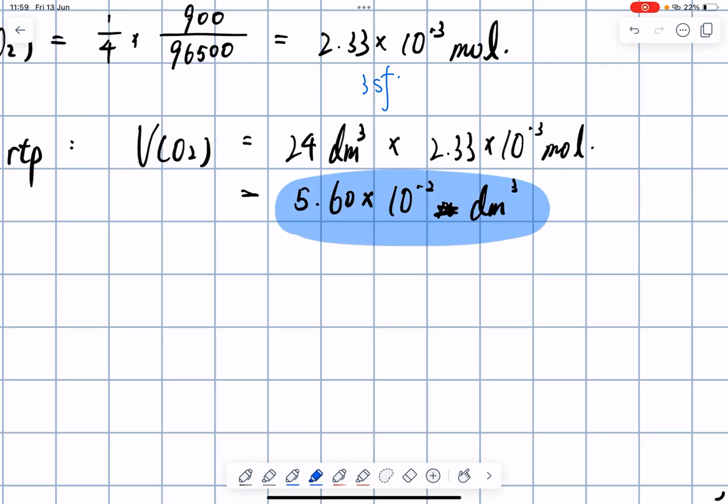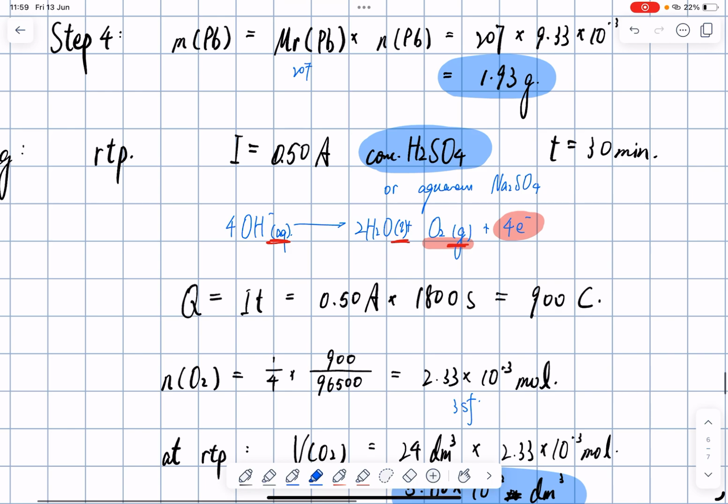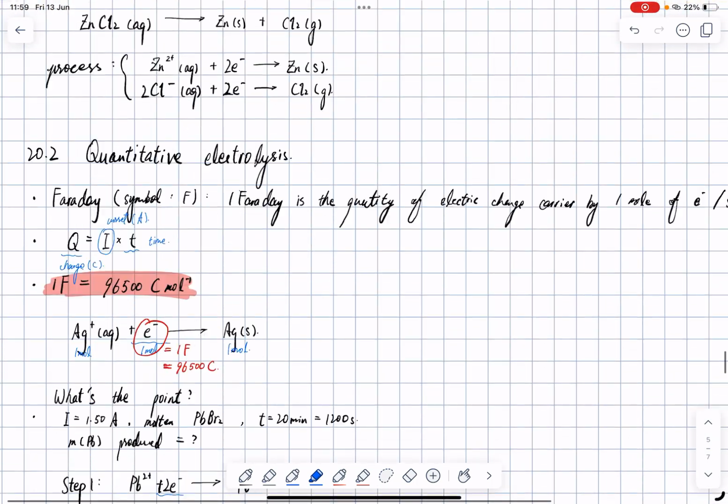This is the final answer. So you see, that's pretty simple. It's just basic calculation based on our new knowledge about electrolysis.